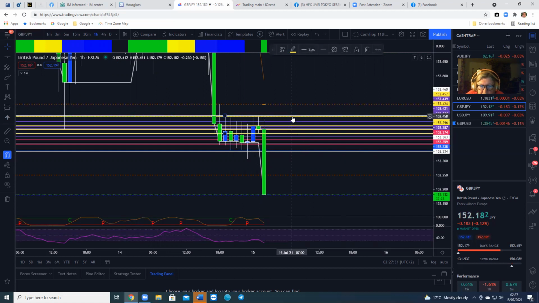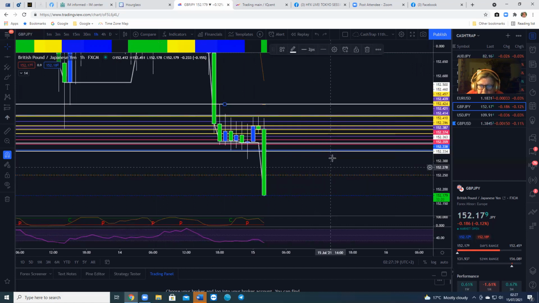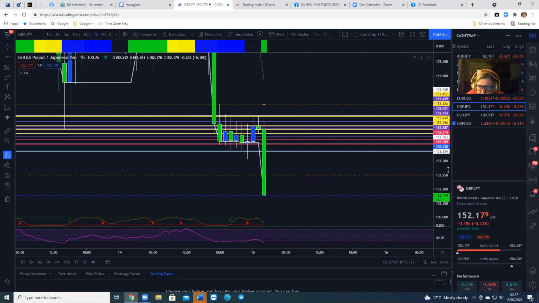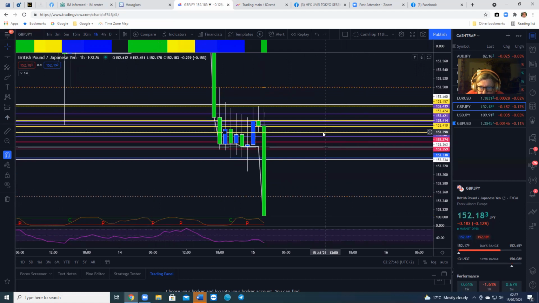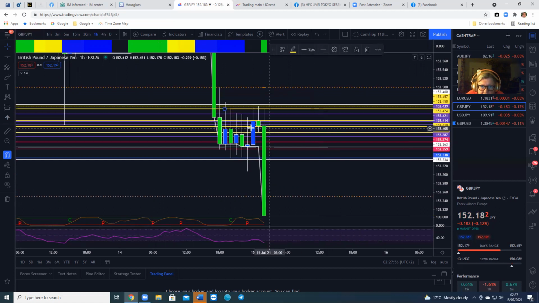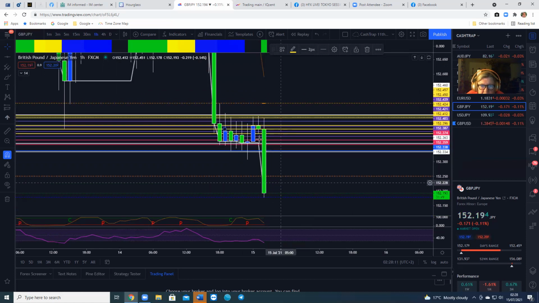I'm going to put an extra one in. There. And we've got that little zone going on there. Just move that up a little bit, so that's a better markup. Okay, can't mark that because that's what's happening at the moment.